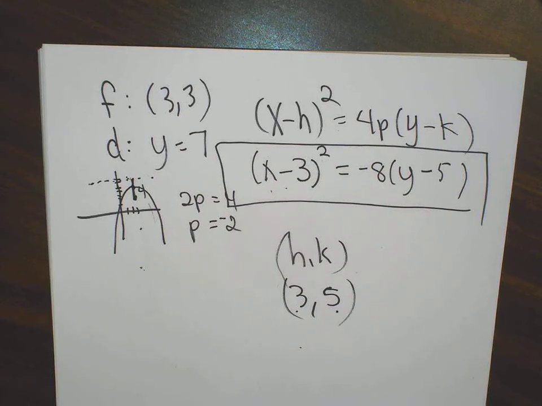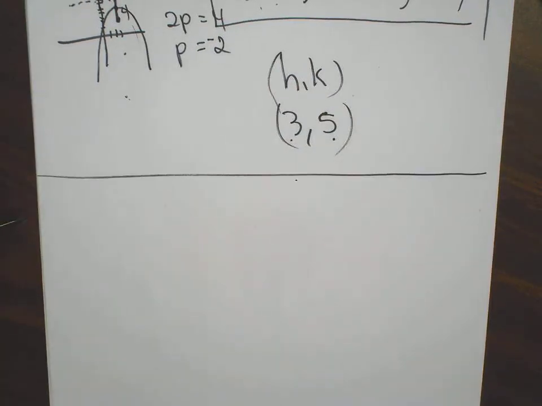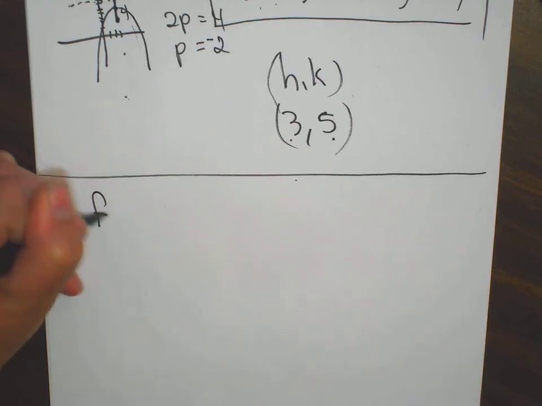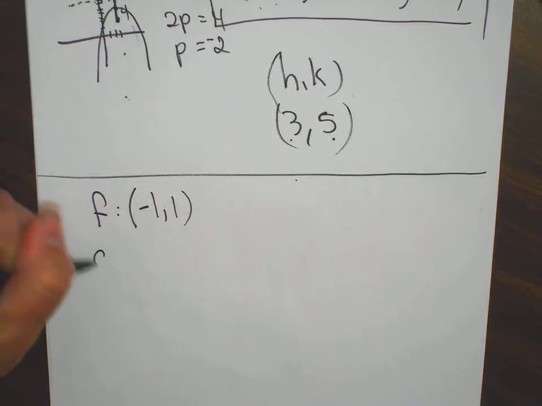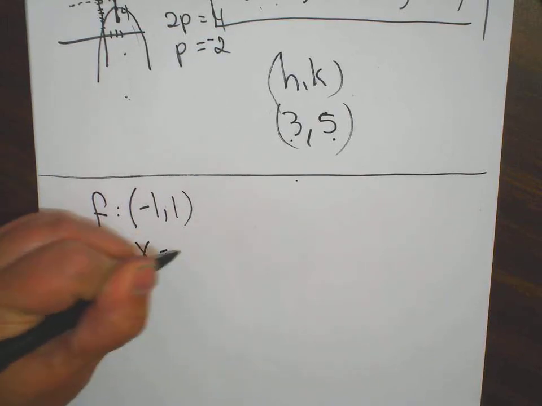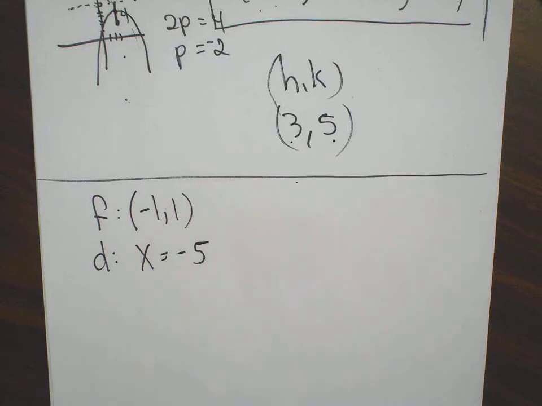Not too bad, right? Okay, let's do one more. Let's have a focus of -1, 1, and a directrix of x equals -5. What is the first question you ask yourself? X or Y dominant. So what do you look at? The directrix, because that's telling me who has to do the work here.